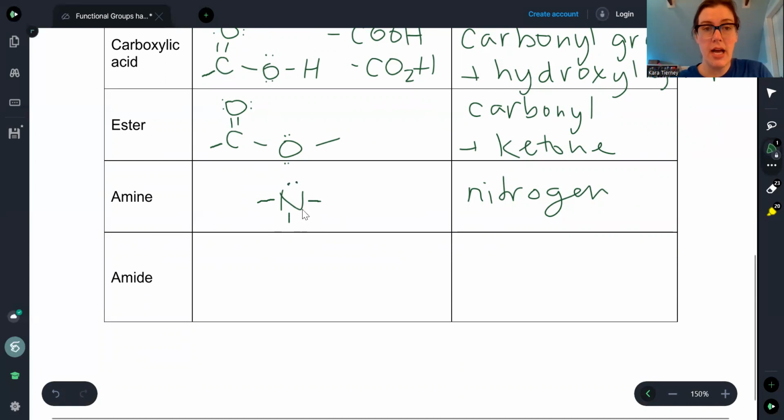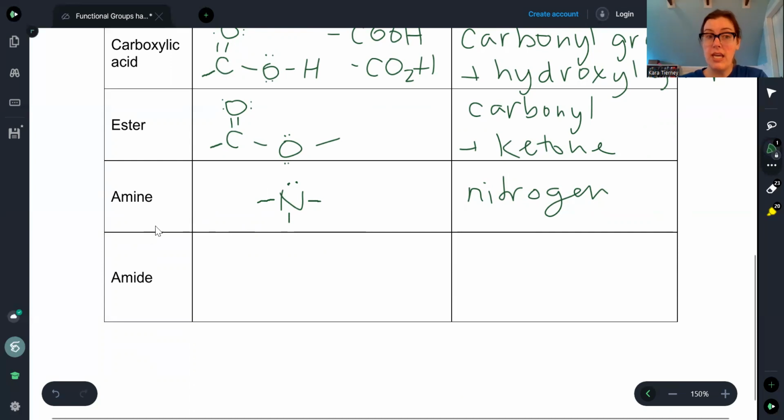Now these 3 bonds can vary. It might be a carbon, it might be a hydrogen, you might have 1 carbon and 2 hydrogens. We're going to get into how to differentiate between the different types of amines, but basically if you see a nitrogen in an organic molecule, it's called an amine.